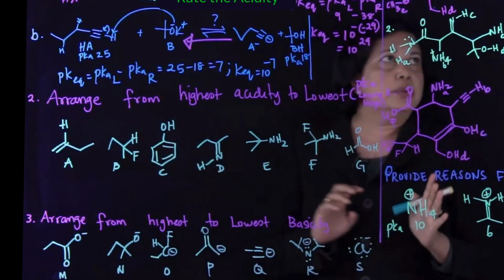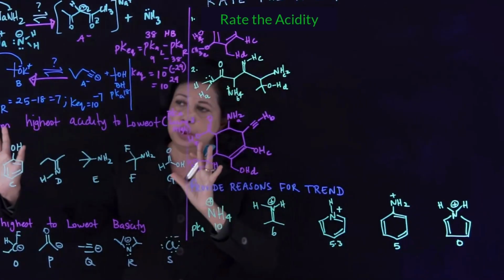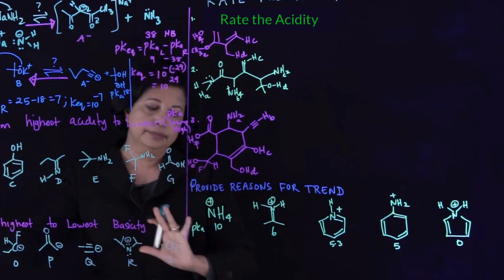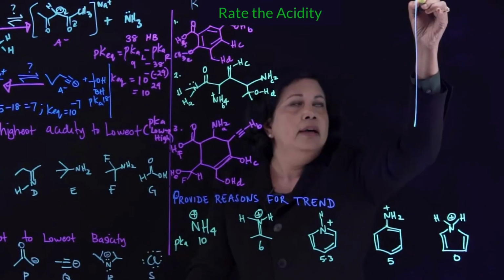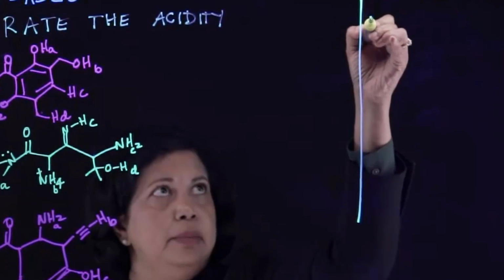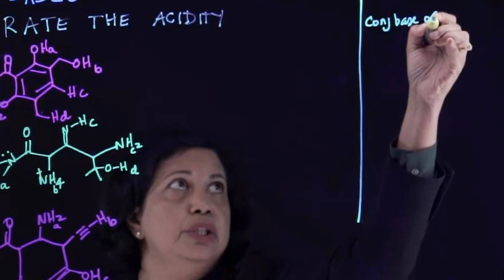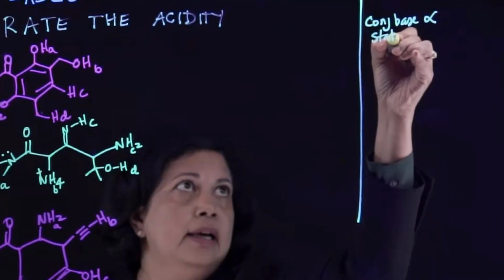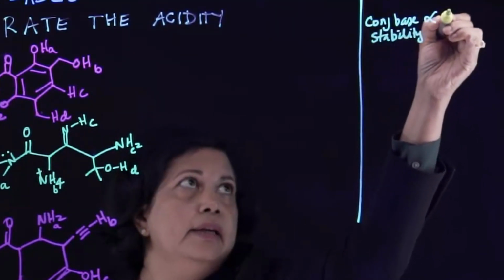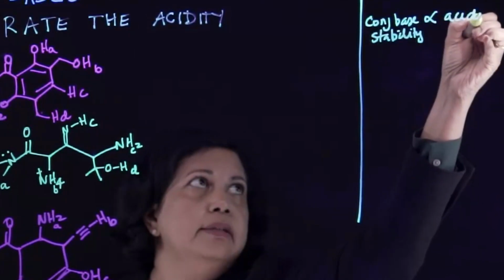So what were our rules? Do you recall what our rules were when we did rating? Conjugate base stability is proportional to the acidity. Conjugate base stability, that's what we are looking at, is proportional to the acidity of the molecule.